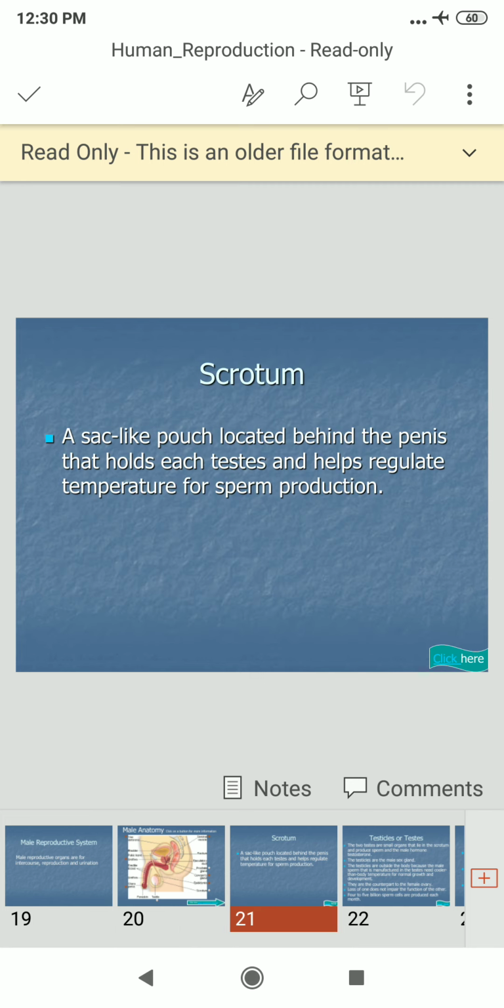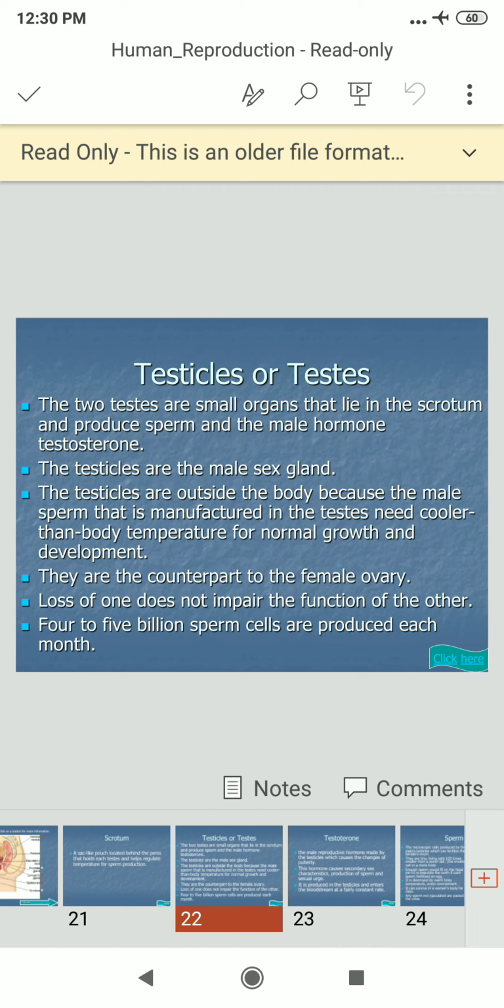You can see the scrotum is a sac-like pouch located behind the penis, and it holds each testis and helps regulate the temperature for sperm production. The testes, or testicles, are two small organs that lie in the scrotum and produce the sperm and the male hormone testosterone, and the testes are the male sex glands.